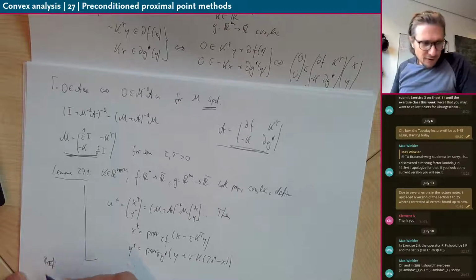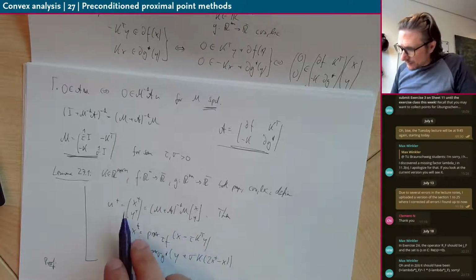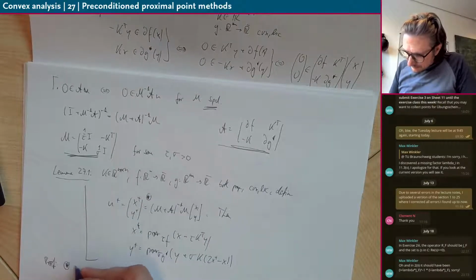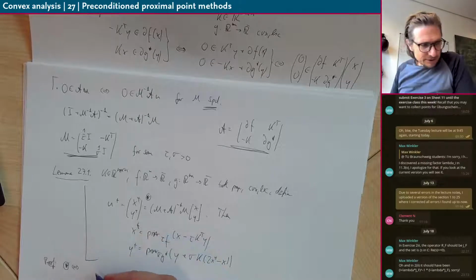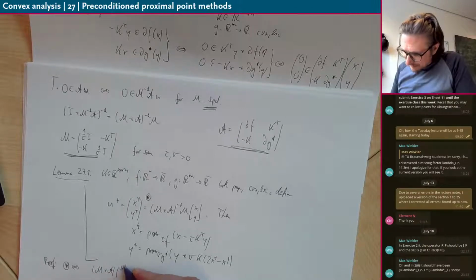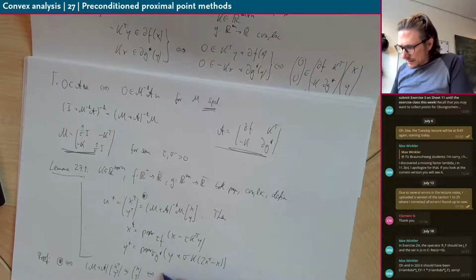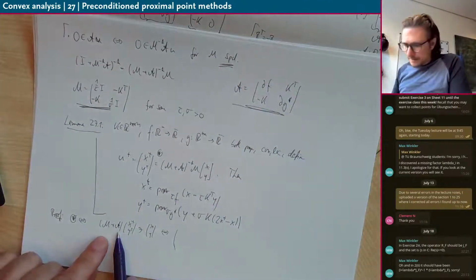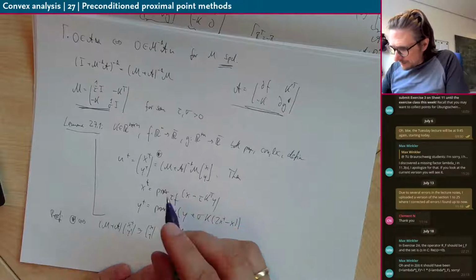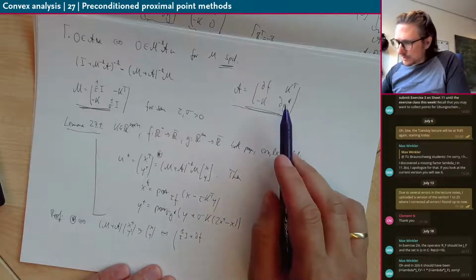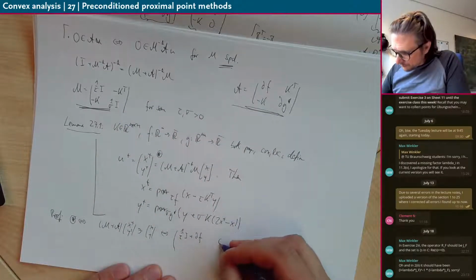It's a straightforward calculation. We just write down this inclusion here. So this is the same as, we just write that out. First we bring these to the left hand side. (x plus, y plus) contains now x and y, and we just spell that out. Here we have M plus A, and we just calculate it and put it here. So M gives 1 over tau times identity plus subgradient of F. In the upper right corner we have minus K transpose plus K transpose, which gives us 0.